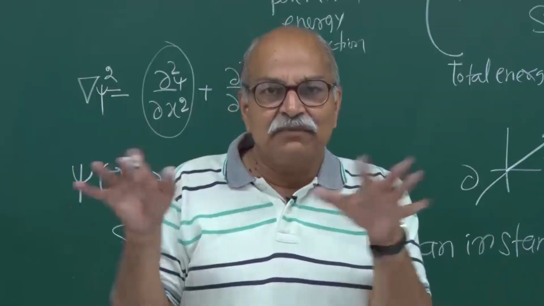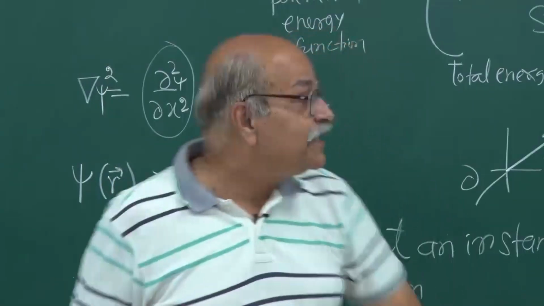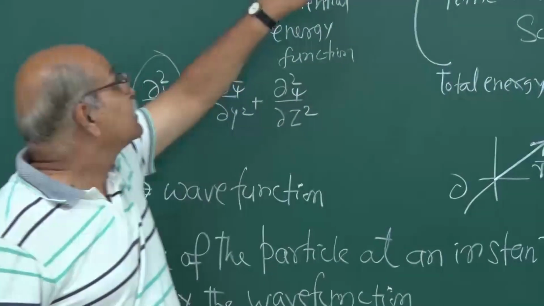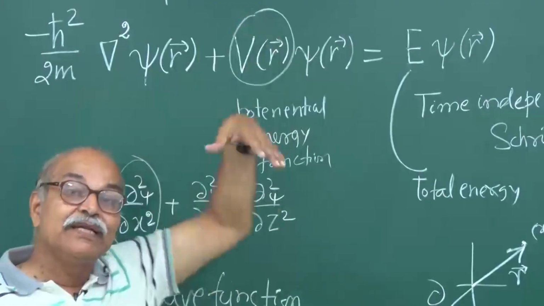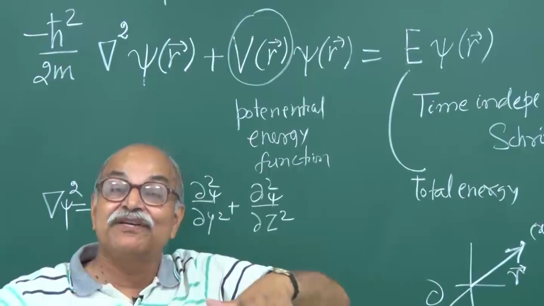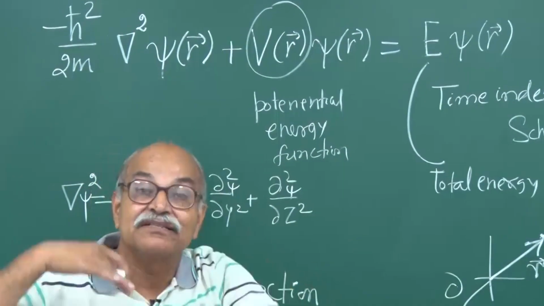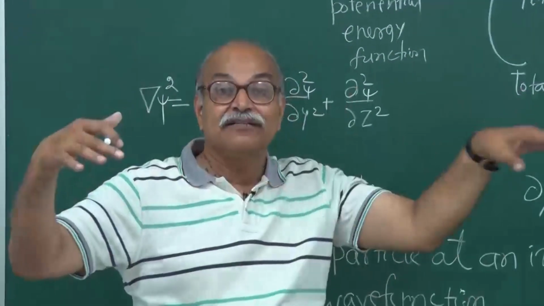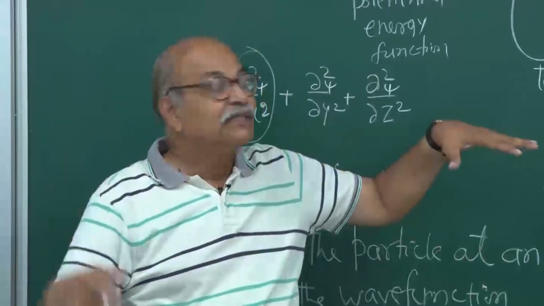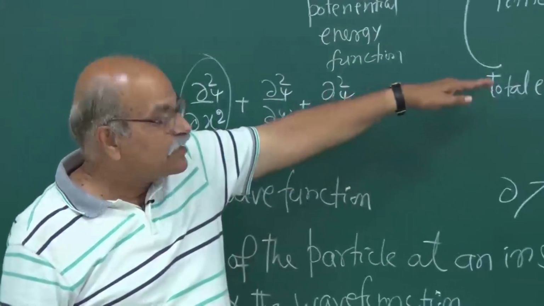Within those restrictions, try to find the energy E and the psi which satisfy this equation, and you will get quantized, only specific values of E and specific functions psi, each corresponding to one energy value. That is how quantum mechanics described by the Schrodinger equation works.